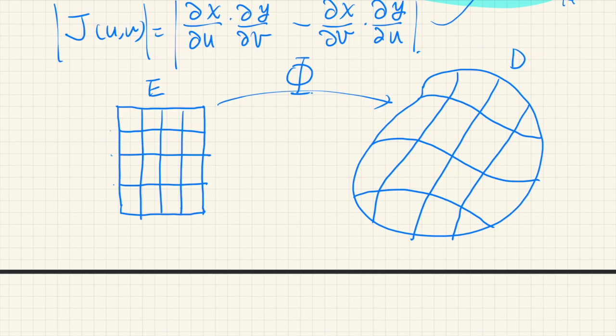That means if we pick any one piece from E, then it is mapped to a corresponding region in D, and the neighbors of this region, like these yellow ones, are also neighbors of the corresponding region in D. So neighbors are mapped to neighbors.